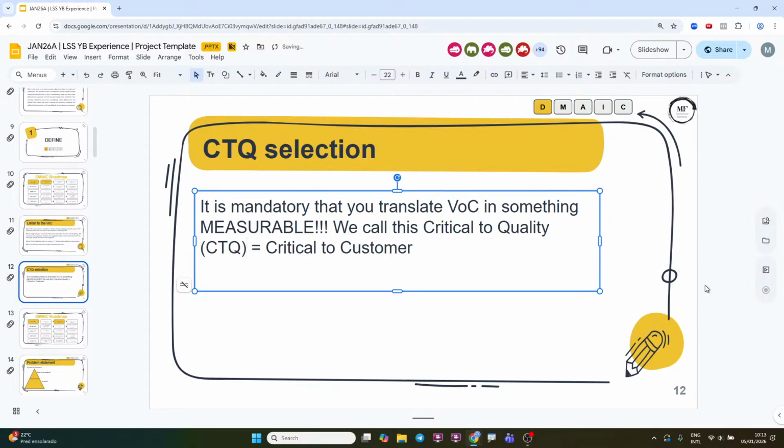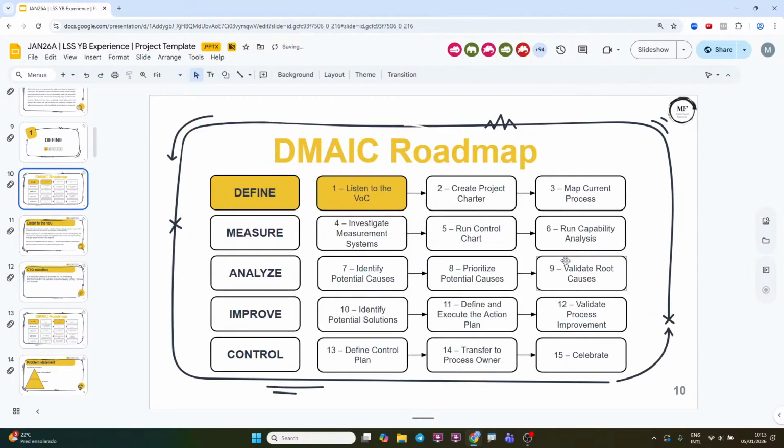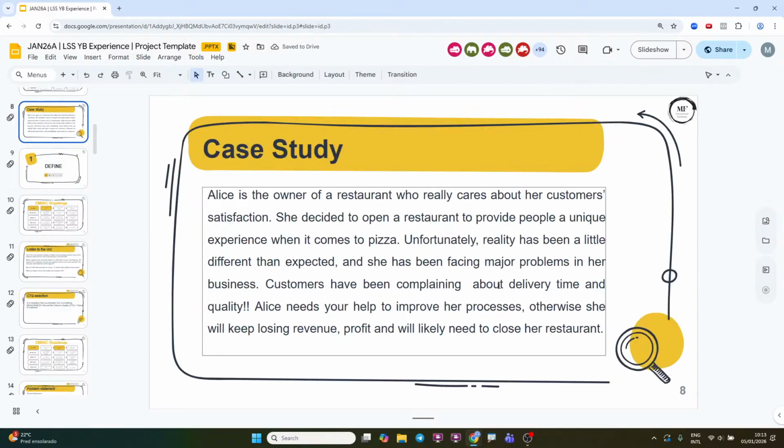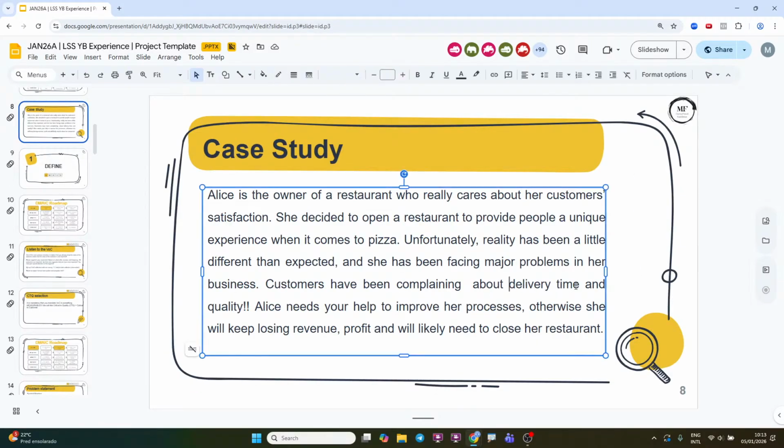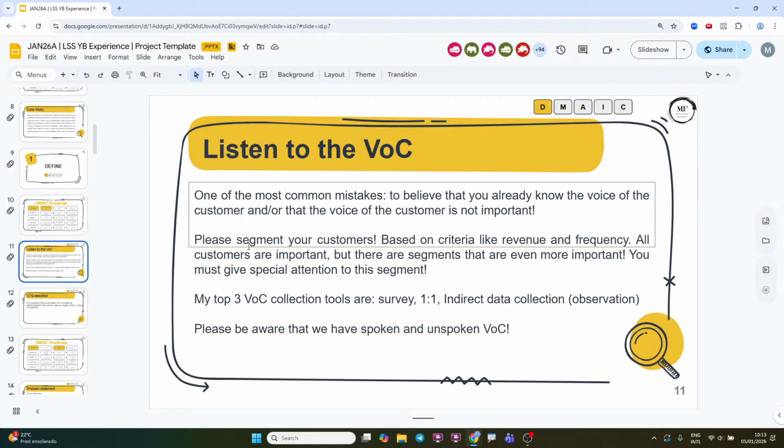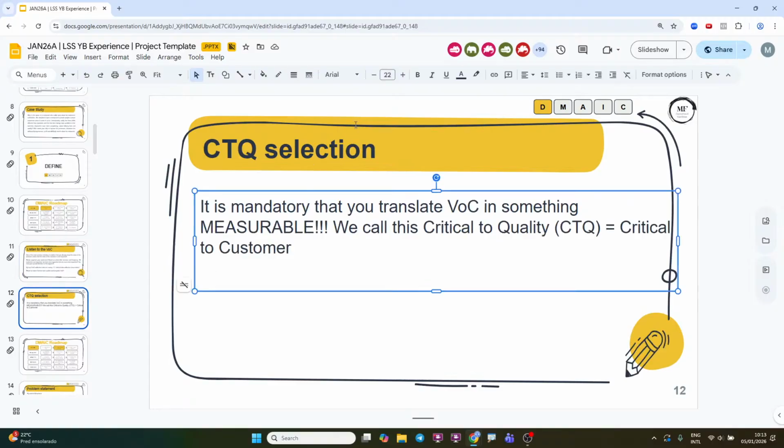So, for example, when my customer says that we have a delivery time problem, how do I measure that? Okay, let's put here CTQ1, critical to quality 1. Pizza delivery time. How do I measure that?